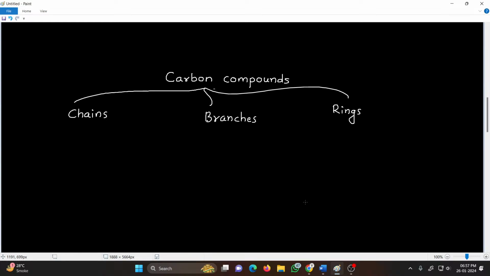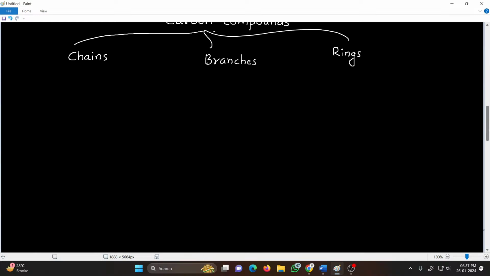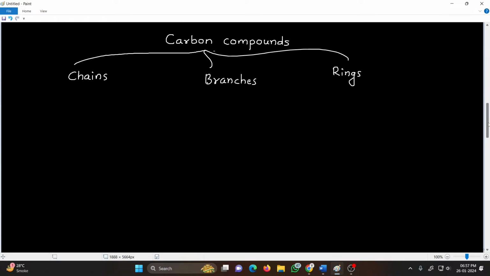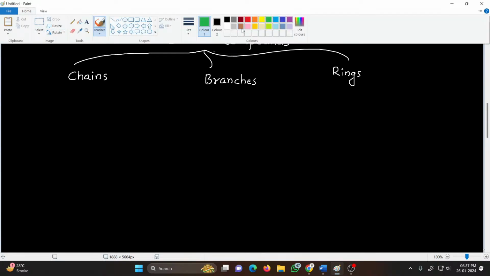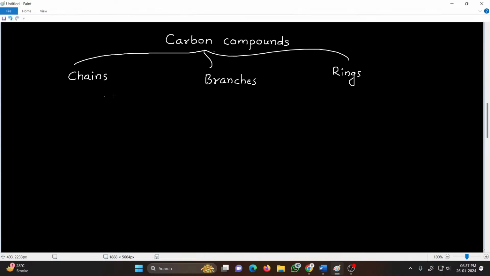Then the carbon compounds can be of straight chains, branches and rings. So we are going to see about it. Until now we have seen only the chains. Okay. If there are 4 carbon atoms, let us talk about alkanes first.